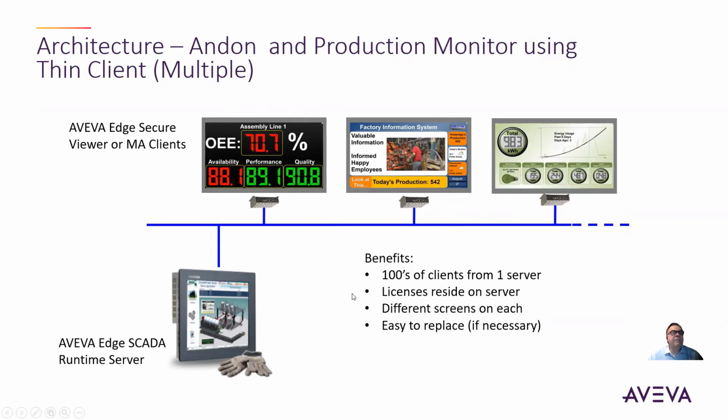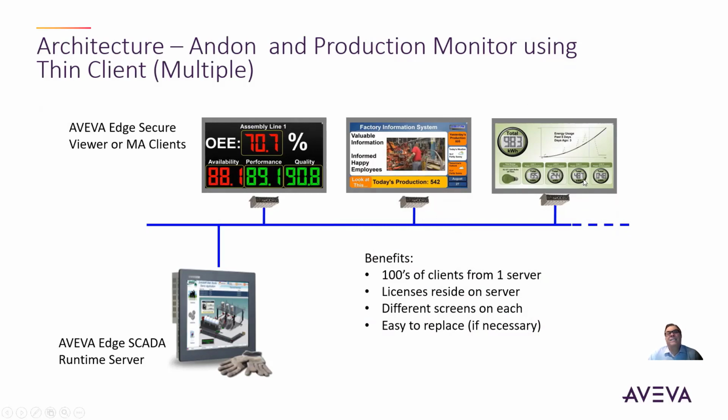Some of the benefits of this are being able to have hundreds of these. Notice here I have this little dashed line. You could have production information, OEE for overall equipment effectiveness, just general what's going on. You could have one of these in the cafeteria or break room, and provide information about the weather, the stock price, just information, again keeping employees informed.